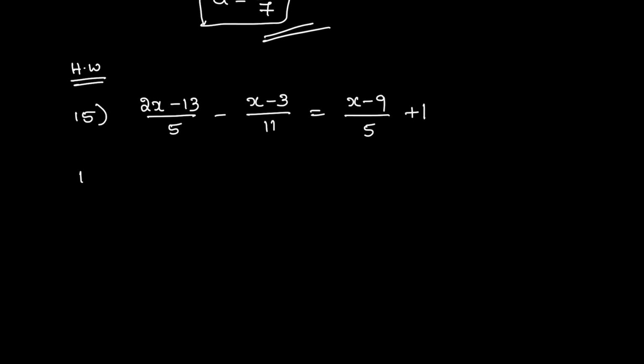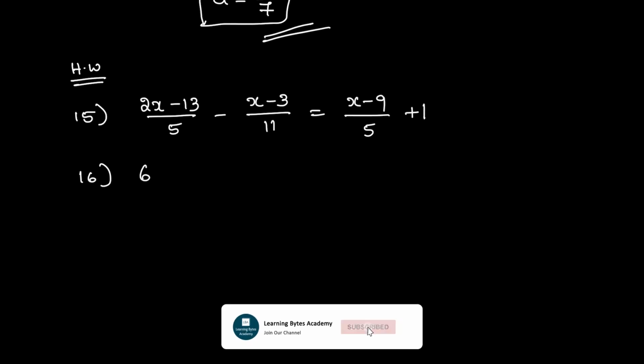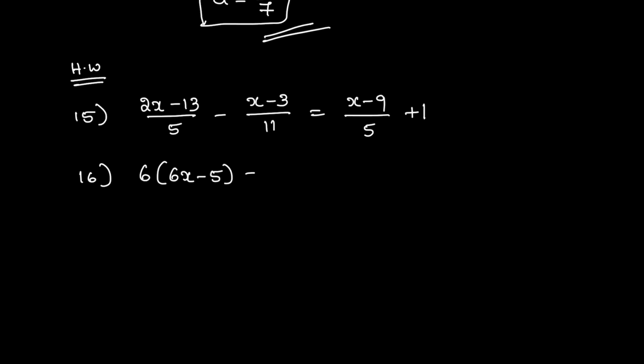Okay. And the 16th one: 6 times of 6x minus 5 minus 5 times of 7x minus 8, 12 times of 4x minus x plus 1. Okay. So solve these questions and post answers in the comment box.